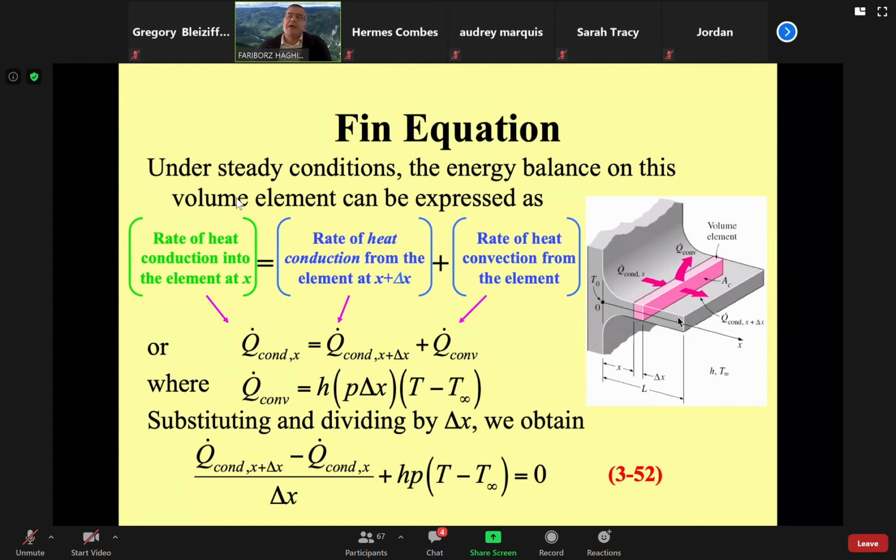Now, heat transfer from your system is not only from the base part, but also to the fin part, okay? Therefore, there are some energy losses from the base and also from the fin. From the fin, the heat transfer comes from the fluid, whatever it is, to this surface.